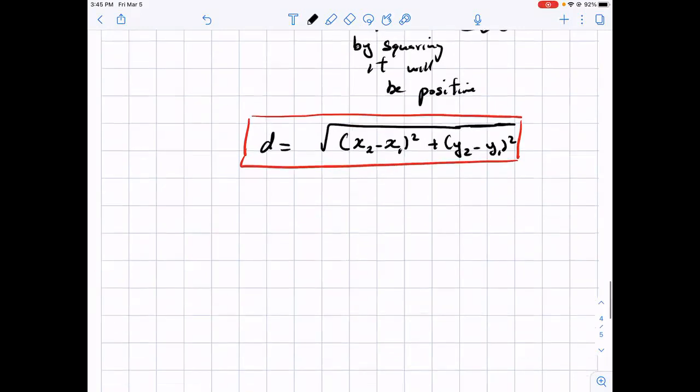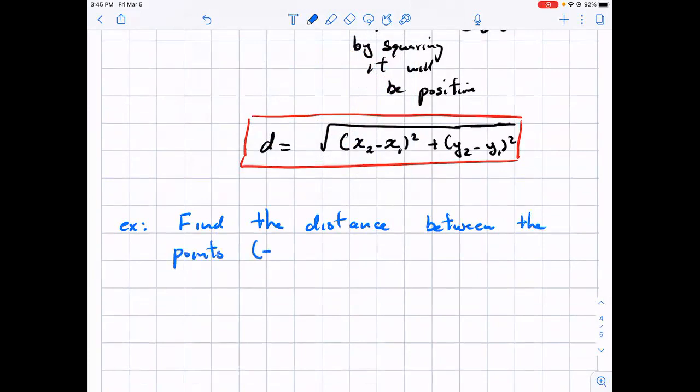Okay, so example: find the distance between the points (-2, 1) and (3, 4).